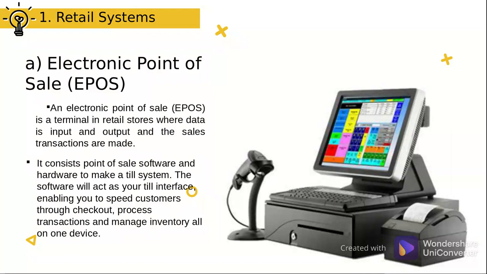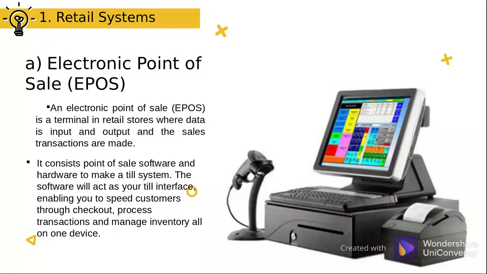Under retailing, we shall look at two areas. The first one is what we call the EPOS, or the electronic point of sale. The EPOS system is a combination of EPOS hardware and EPOS software that provides an efficient business operation.